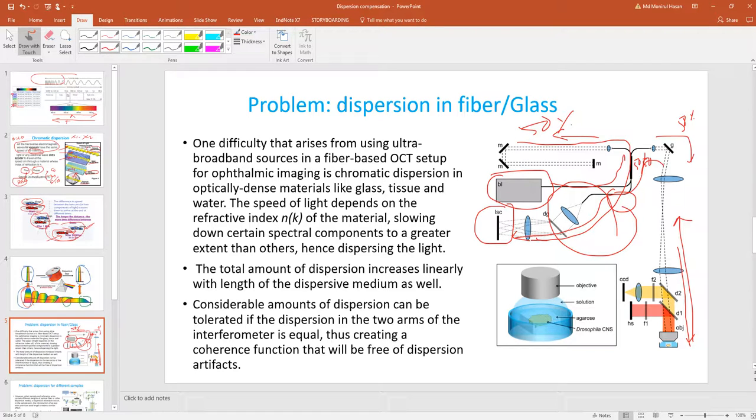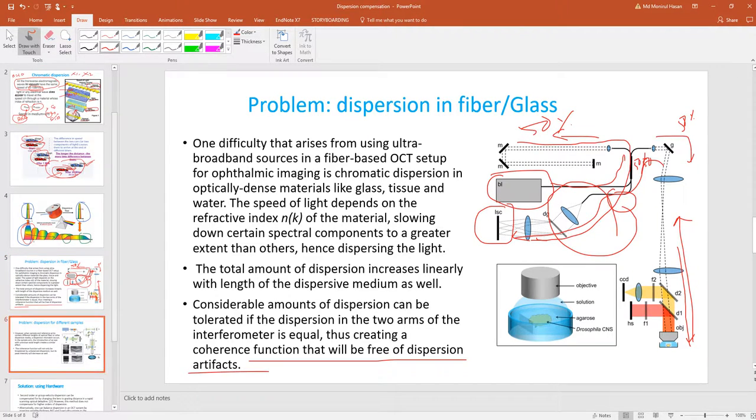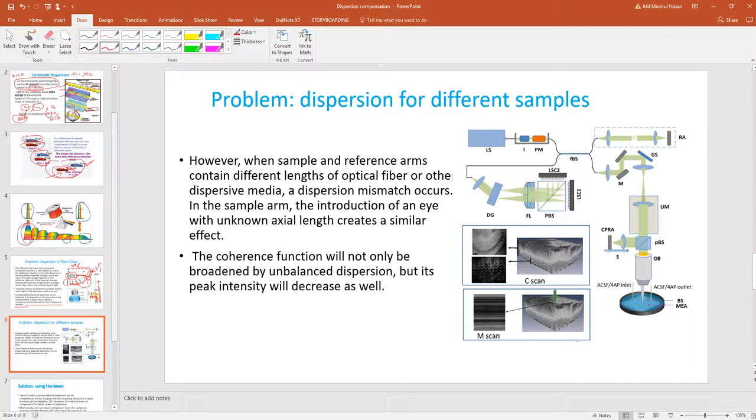We can tolerate dispersion if both paths have the same amount of glass or medium. But the problem is, when we build the setup, we can make sure the reference arm and the sample arm have the same glass by introducing more glass in the reference arm or the sample arm.